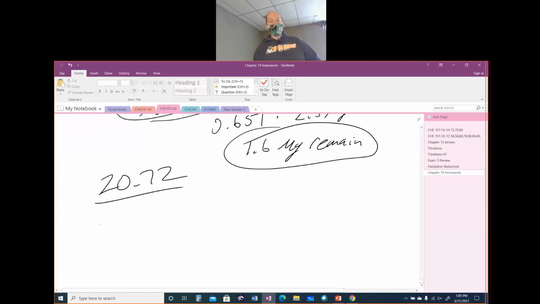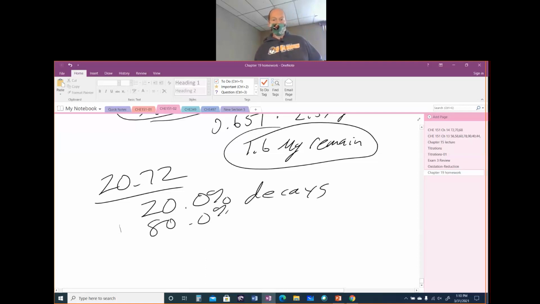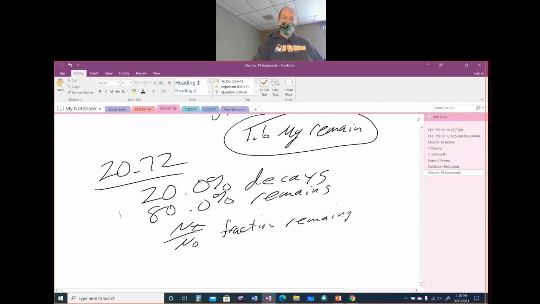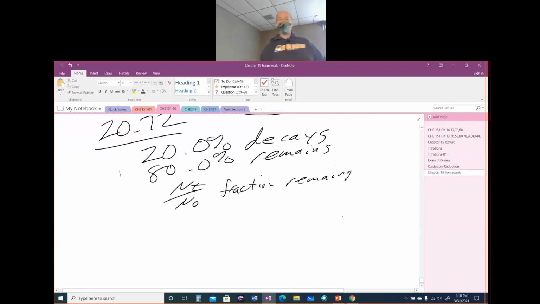This is the tricky part: if 20% decays, that means 80% remains, and your Nt over N0 is your fraction remaining. If you're going fast, you're going to mess that up and put in your fraction as 0.2, but your fraction is 0.8. As a fraction, 0.800 remains, and 0.2 decays.